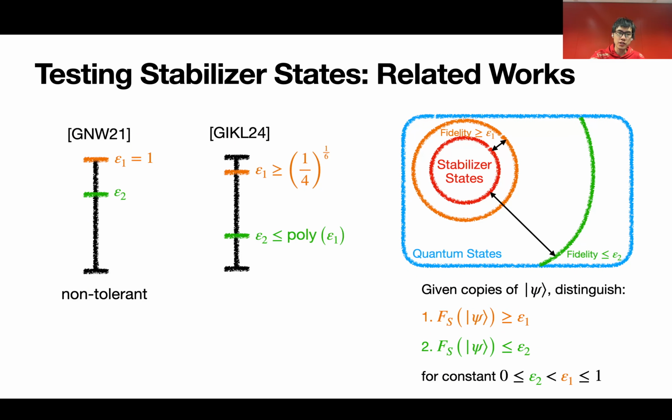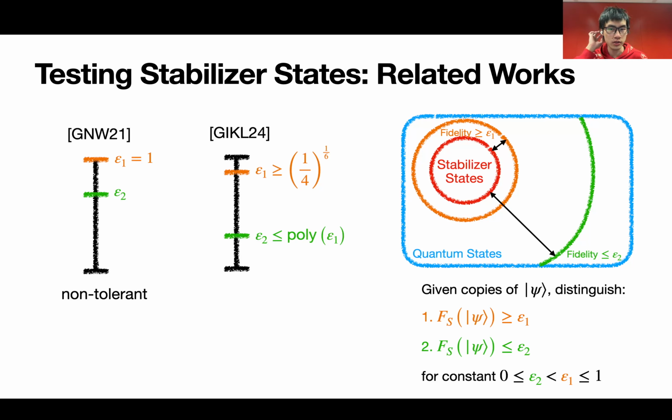They are constant numbers between 0 and 1. First, the GNW21 paper solved the so-called non-tolerant case, which is the case where epsilon 1 is 1. Their tester can distinguish whether the input state is a stabilizer state or is at least constant far from the stabilizer states.